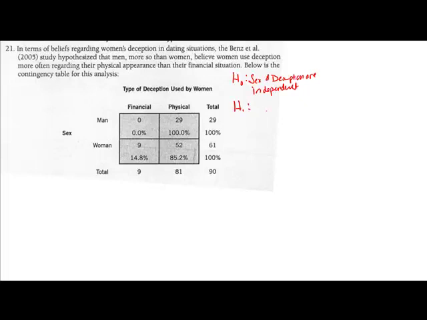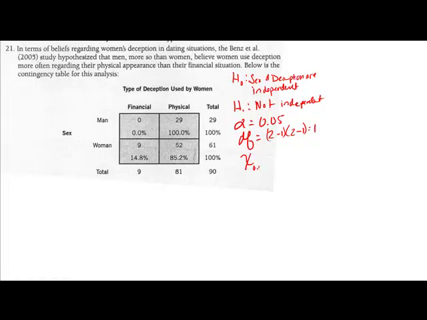The alternative says that they're not independent. Alpha we're going to set at 0.05. For degrees of freedom, we have 2 rows and 2 columns, which means we have 1 degree of freedom.